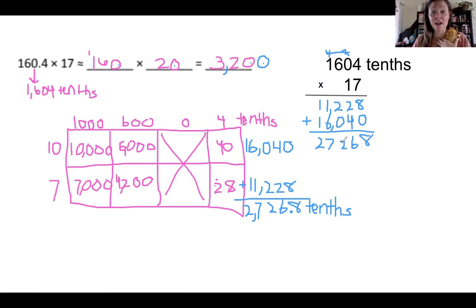But remember, if I'm putting it in standard form, I'm going to have a decimal here, because this is 2,726 and 8 tenths. Okay, I have the same exact answer. There we go. So this is the end of this part. So let me clear this.